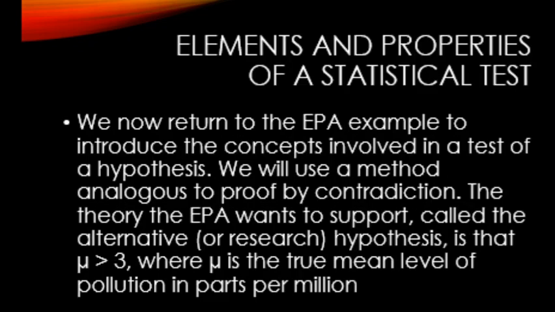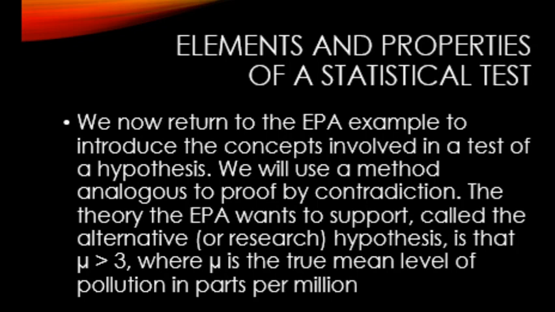So in this EPA example, we can conduct a test of hypothesis to see if mu is greater than 3. And the method we will discuss here is similar to proof by contradiction.